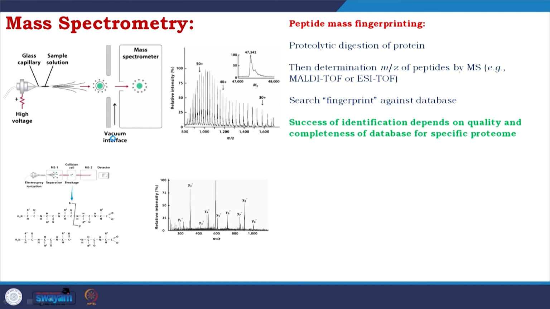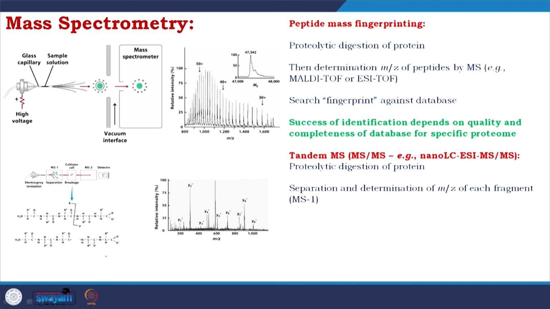The other method is known as tandem mass spectrometry. Here you do the proteolytic digestion of protein, but instead of going directly to determine m/z, you do a separation and then determination of m/z of each fragment.